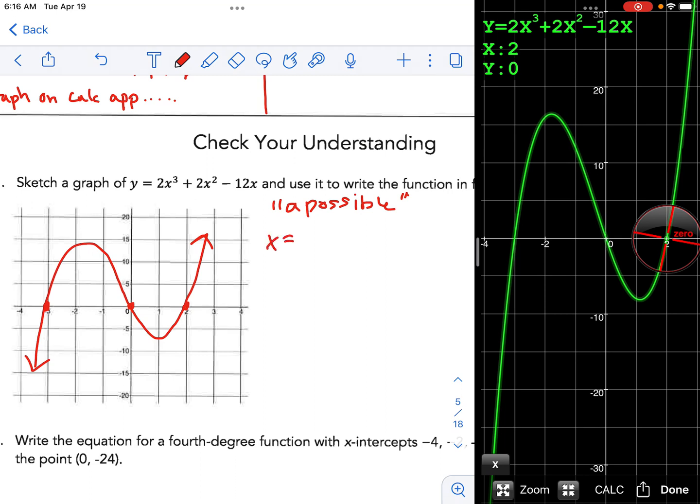So for instance, if we would see something like this, we would say, well, the intercepts are x equals -3 and x equals 0 and x equals 2.